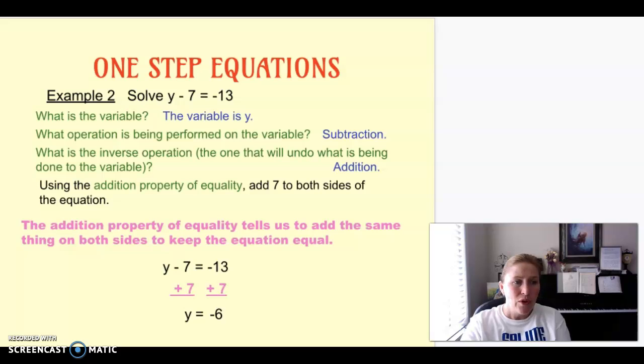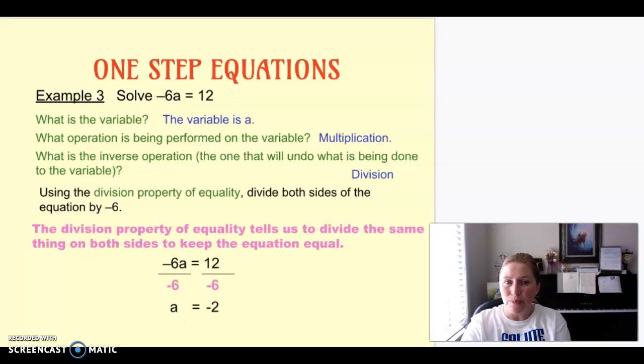Okay? So let's do an example with multiplication. It says solve negative 6a equals 12. Now the number is touching the variable. Remember, this is the coefficient, but this number is touching a. What's the variable? The variable is a. What's happening? They're touching. That means multiply. How do we undo multiplication? The opposite of multiplication is division. So I'm going to divide both sides by -6.